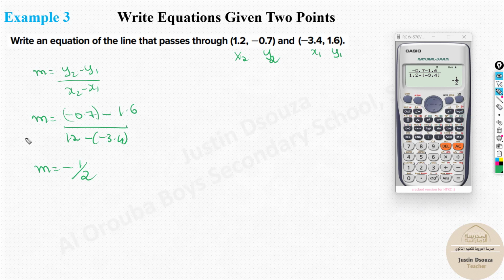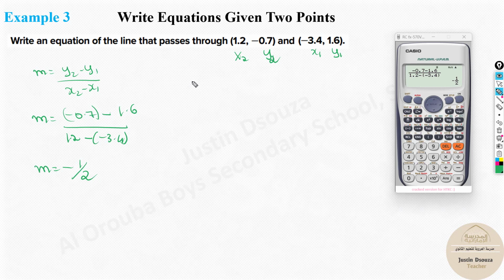Now, what is the next thing? Here you must understand, we found m, we have 2 points. It's up to you to choose any point. If the options are given, choose wisely. Whichever is there over here, choose similar ones. But generally, this will come for writing, so there can be multiple answers. If you choose this point, your answer will differ. If you choose this point, your answer will differ.